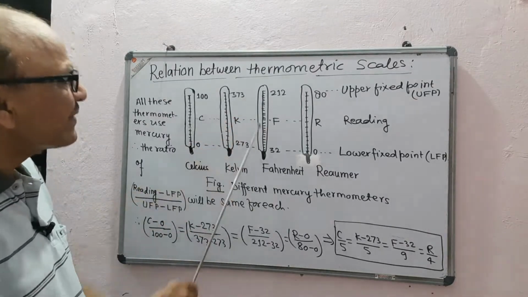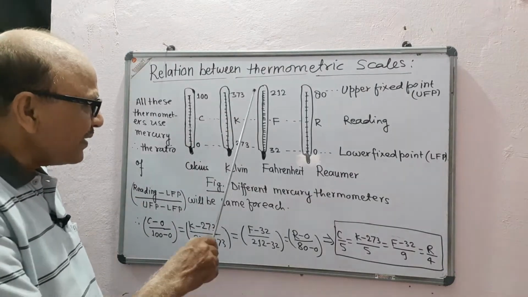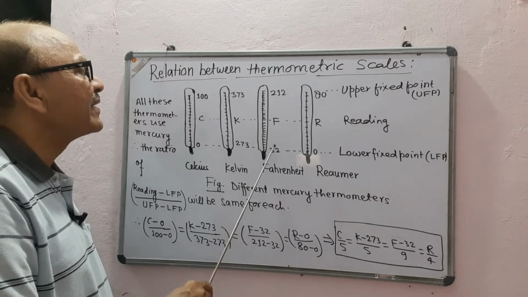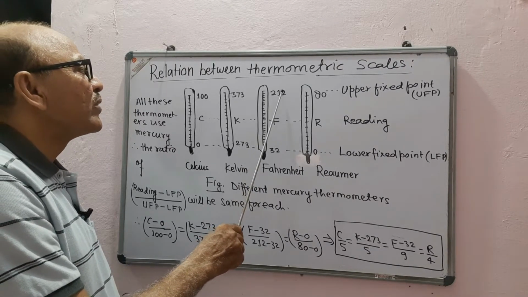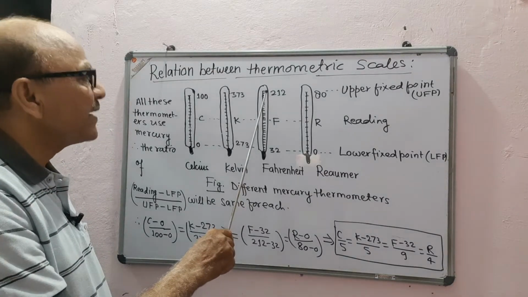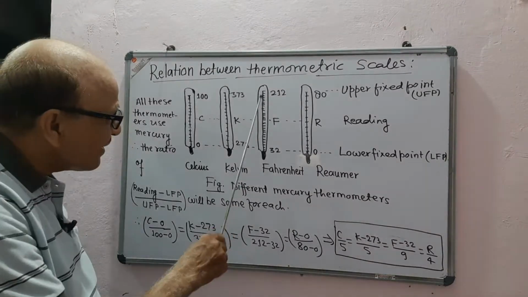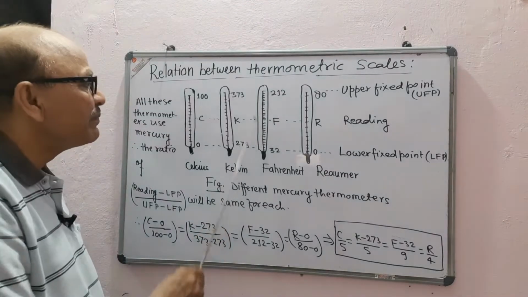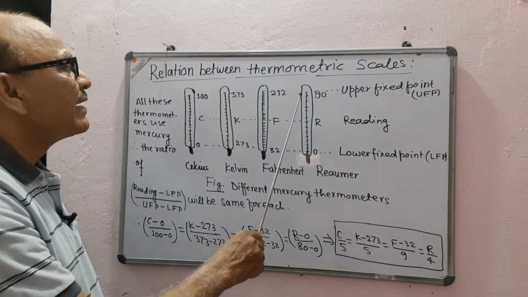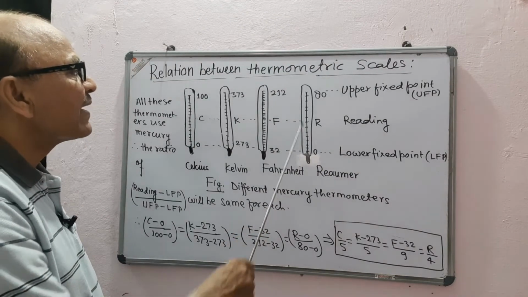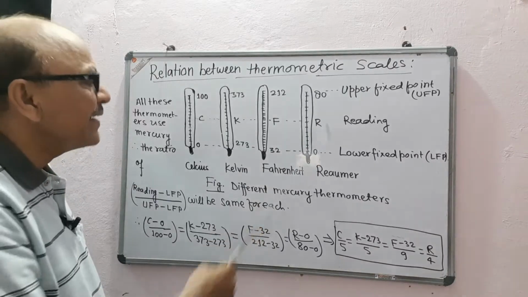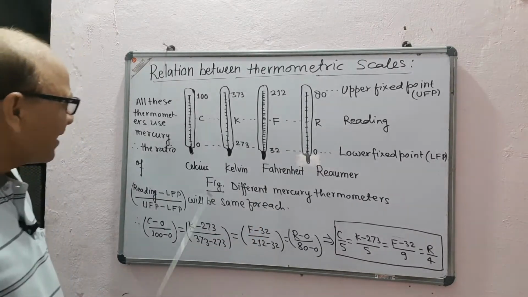Whereas in case of Fahrenheit thermometer, difference between upper fixed point and lower fixed point is 212 minus 32, that is 180. Therefore, this space is equally divided into 180 divisions. Similarly, in case of Reaumur thermometer, this line is equally divided into 80 equal divisions.